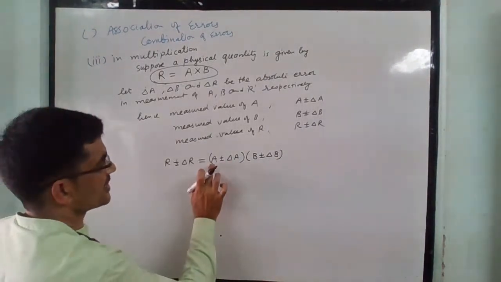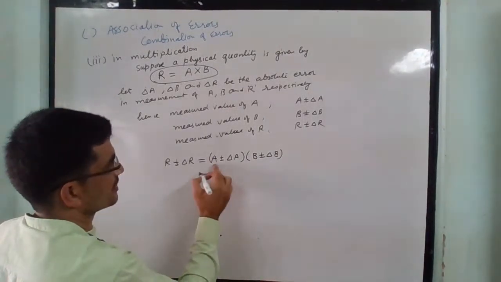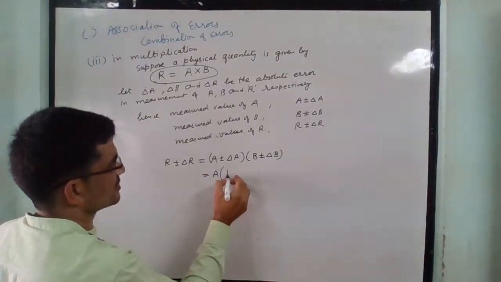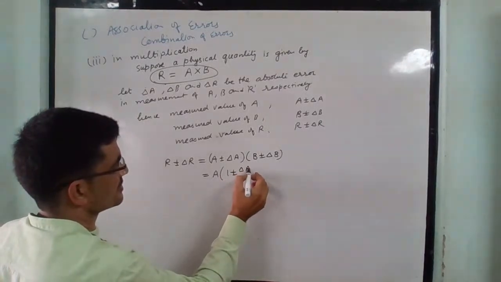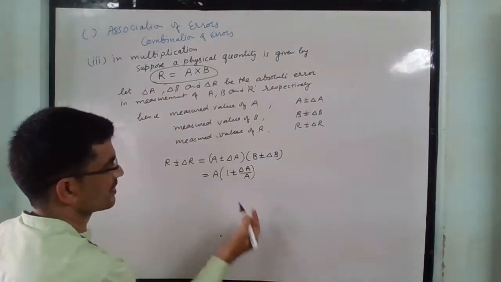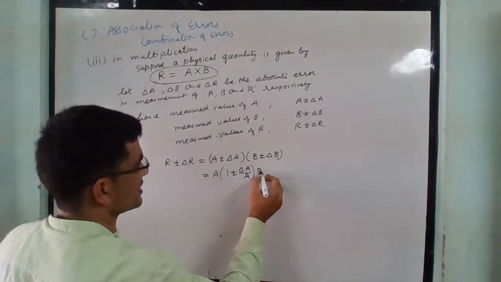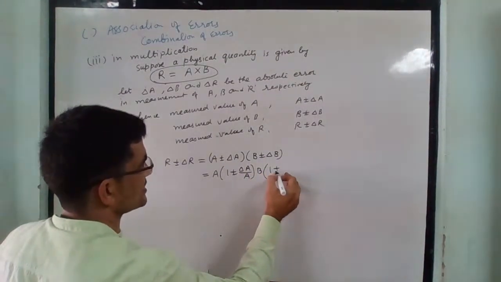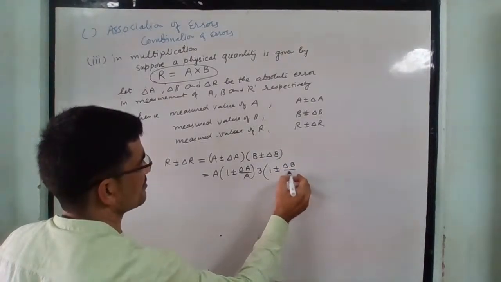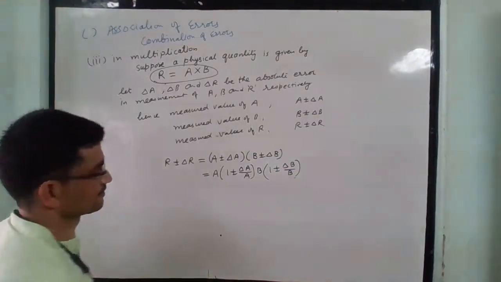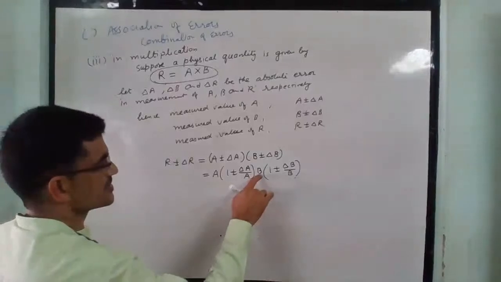Okay. Now we will take A common from here. When we take A common from here, we will get 1 plus minus delta A by A. Clear? And here we will take B common. So we get 1 plus minus delta B by B. Okay? Let us see what we got.